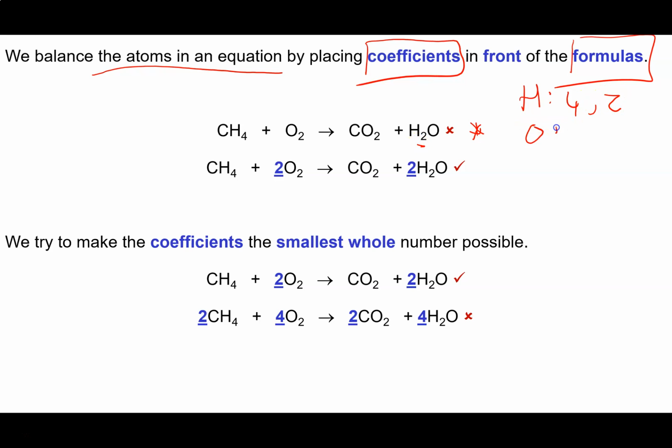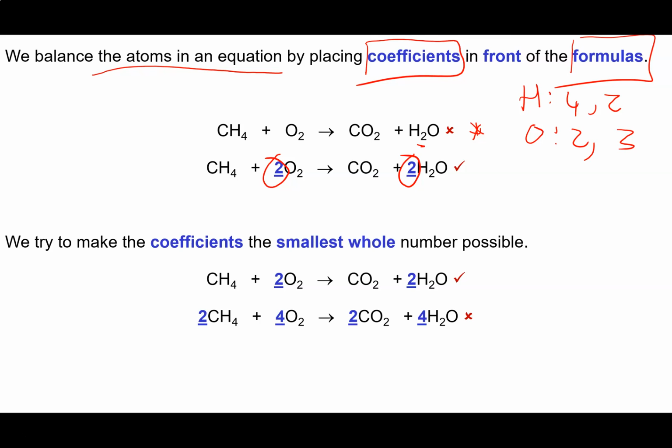And if you look at the oxygens, you can see that we have 2 on the left, but we have 3 on the right. In this equation, those things have been corrected by the addition of these two coefficients. So sometimes you need one coefficient, sometimes you need multiple coefficients. It just depends upon the nature of the reaction.